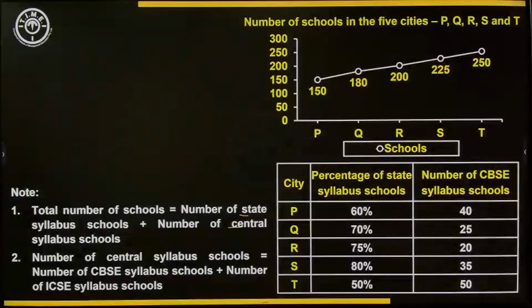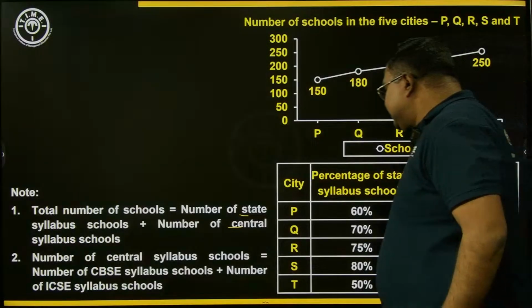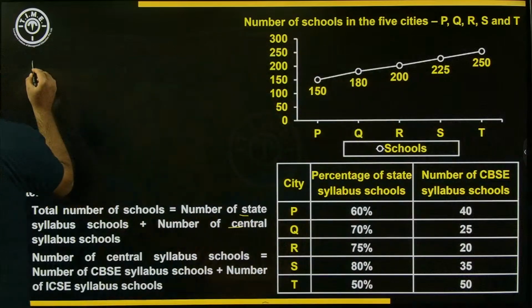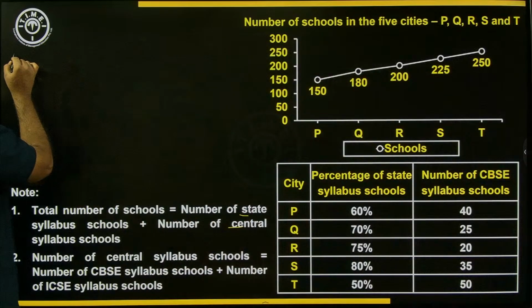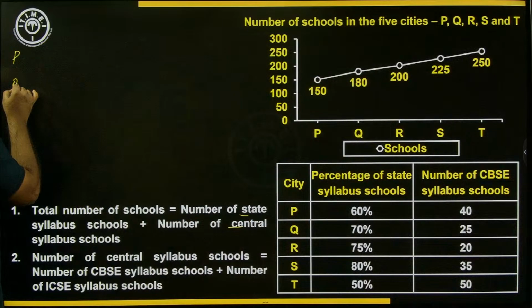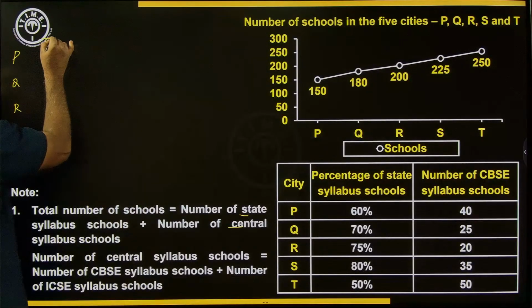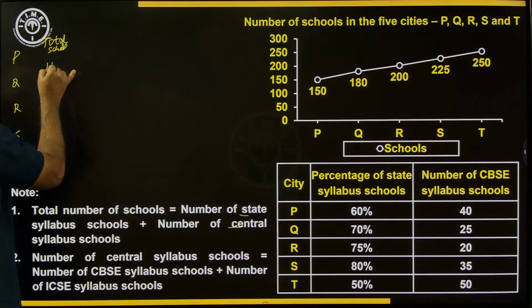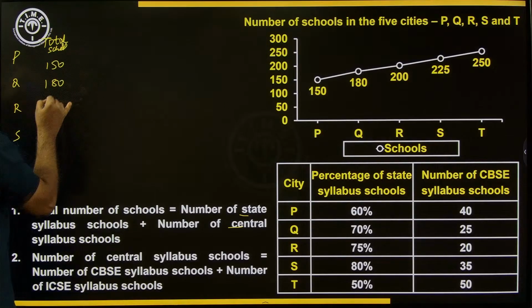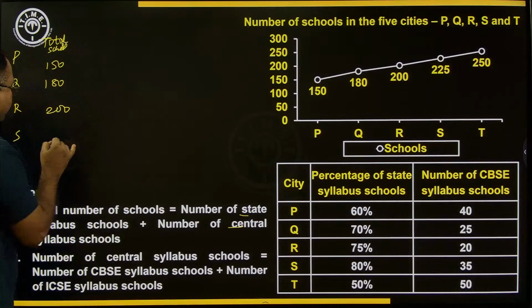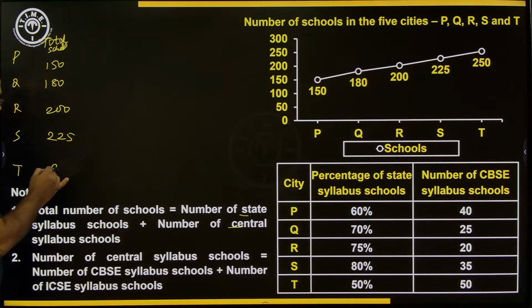Once you decode the data, it will be easy for you to solve the questions. Now, it is PQRST. Total schools: 150, 180, 200, 225, 250.